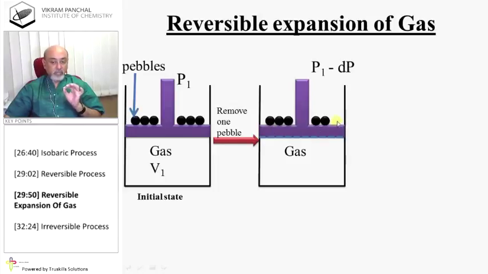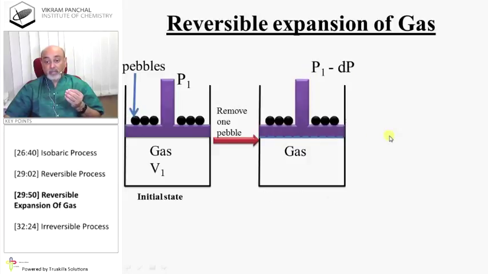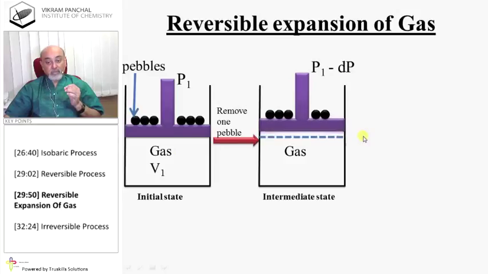One pebble is removed, so the piston moves slightly upward because the pressure has decreased. So now the net pressure will be P1 minus dP, and there is a slight change in the volume also, but this is very, very small. Now, if you put the pebble back on top, you can bring it to the original state. That means this is reversible.